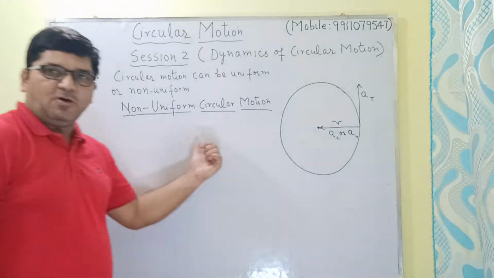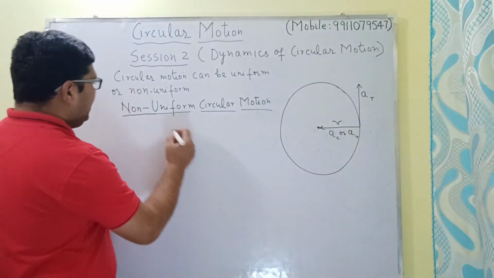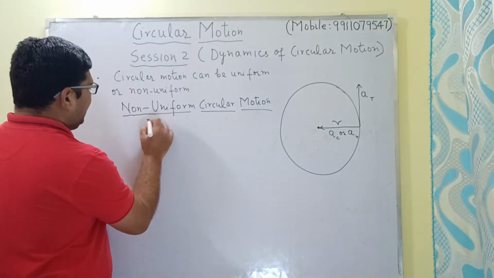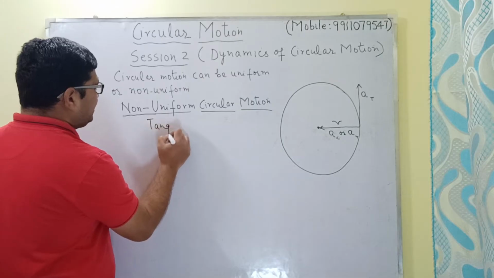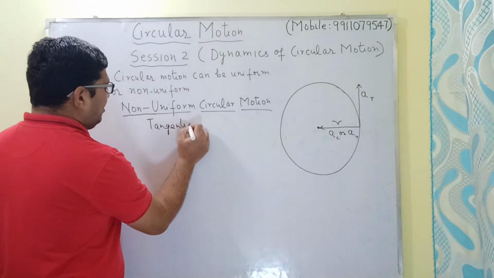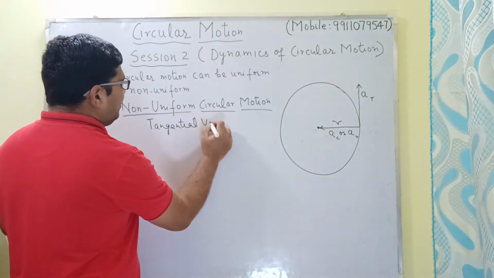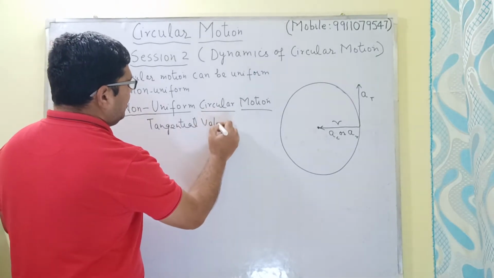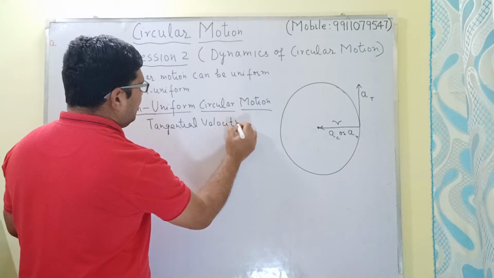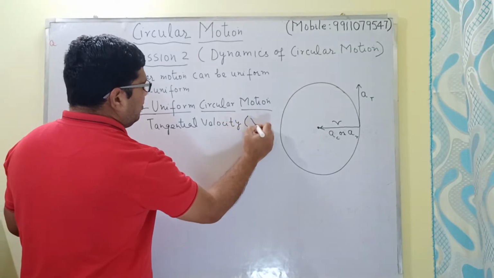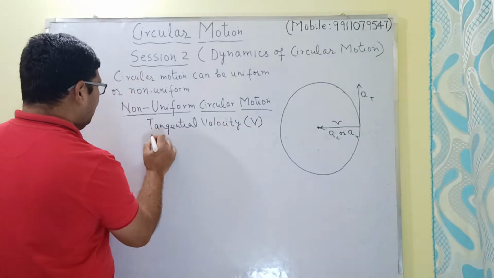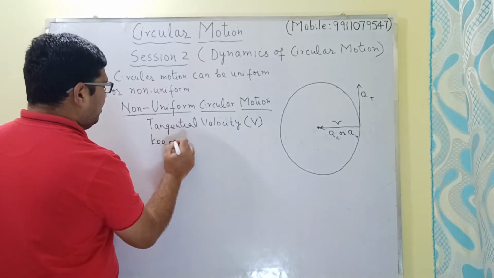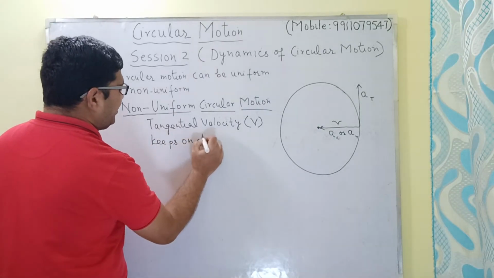So in the case of a non-uniform motion, the tangential velocity v keeps on changing with time.